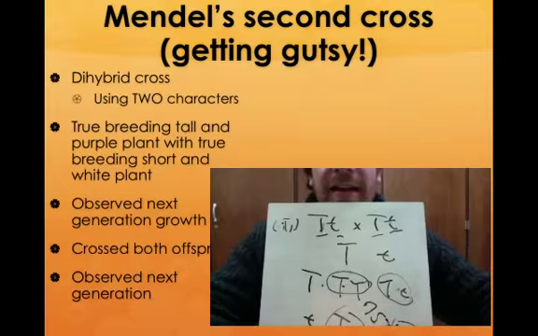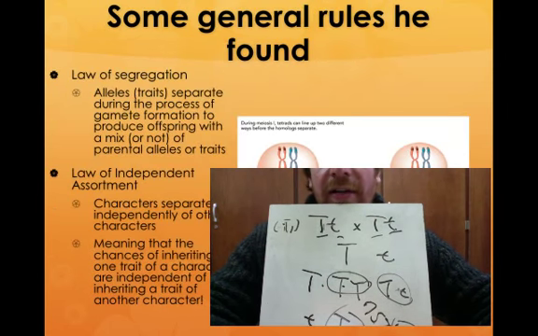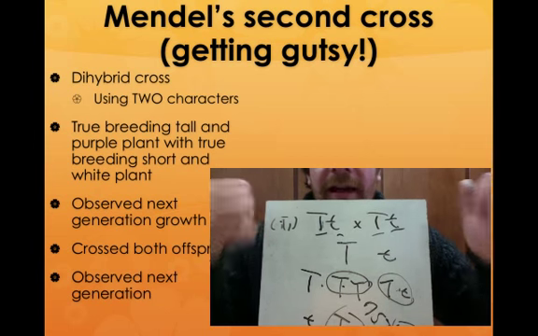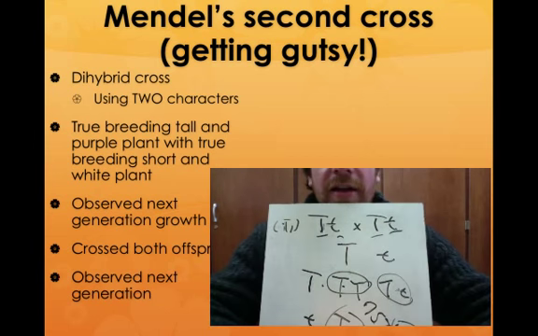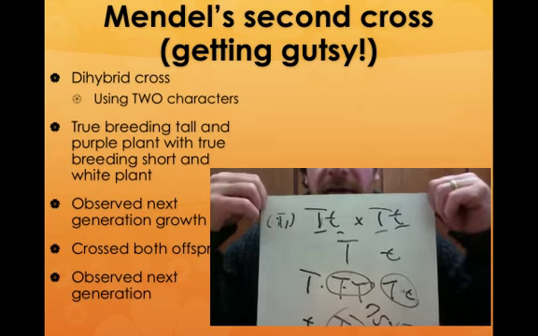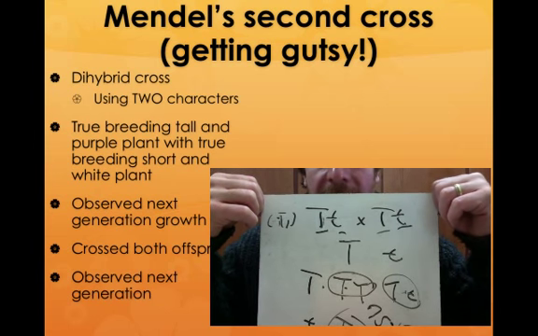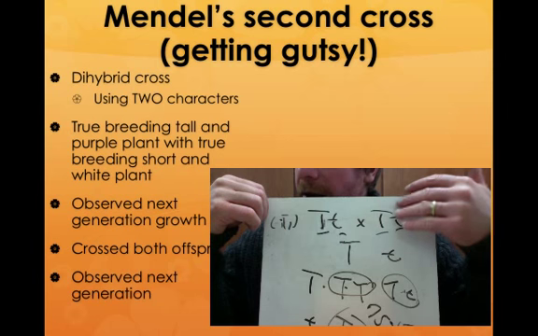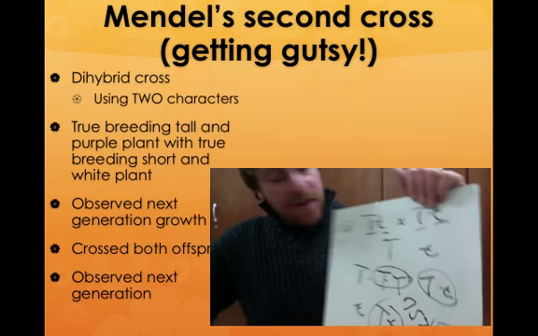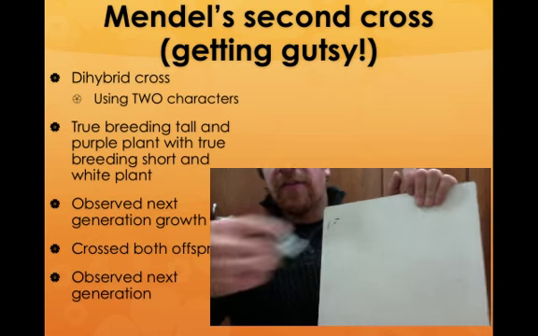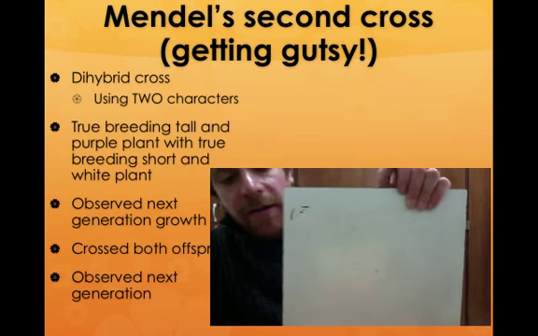The second thing he did was something called a dihybrid cross. We're going to talk a lot about the dihybrid cross in class. What I'd like you to do is look up Mendel's dihybrid cross. It's basically the same thing as a monohybrid cross, except he's using 2 characters instead of 1, because he wanted to see if these characters are sorting independently or not.